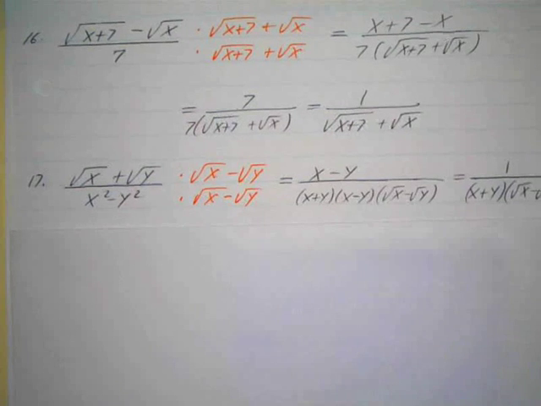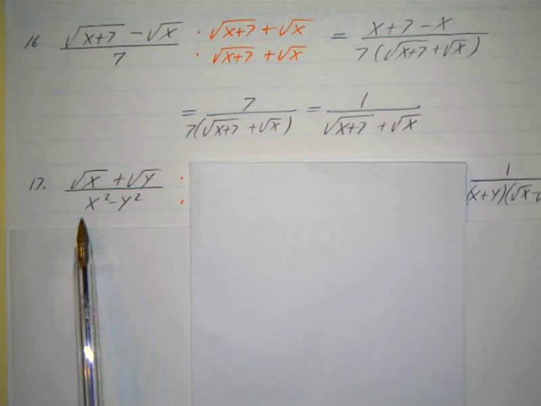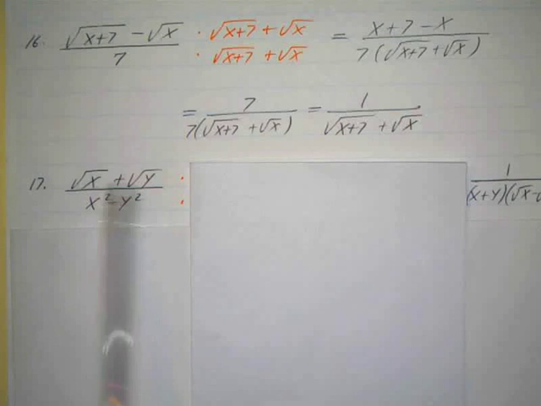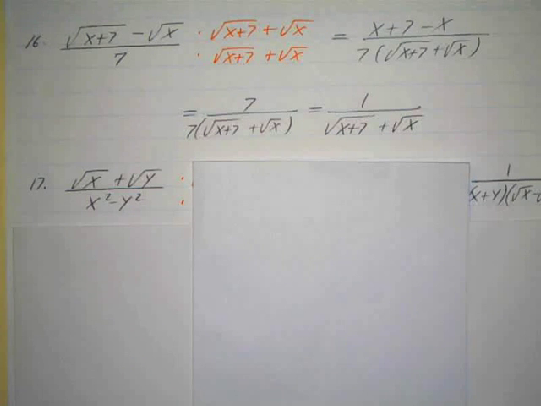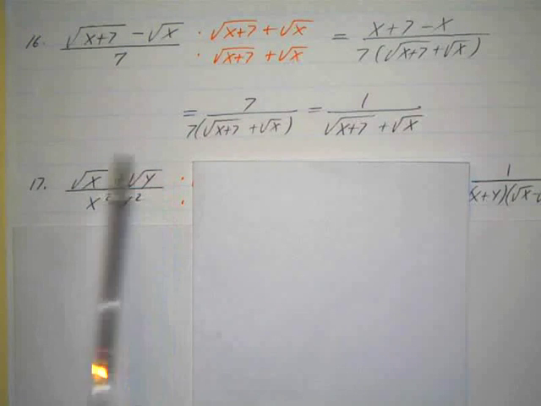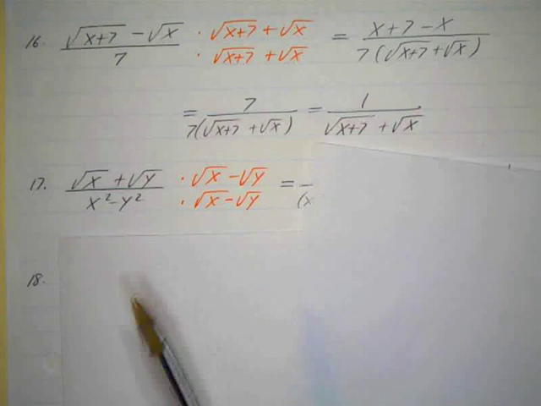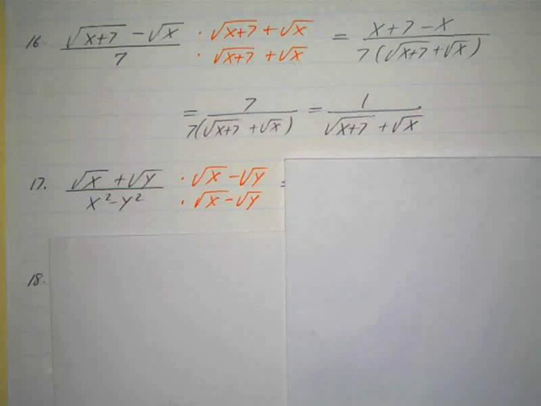Number 17, a little more complicated because we've got a little bit more worked out here, so we've got some common factors because this is a difference of perfect squares. But again, it's real easy to know what to do because we just look at the numerator. What's the conjugate of the numerator? The square root of x minus the square root of y. So that's what we multiply the top and the bottom by.